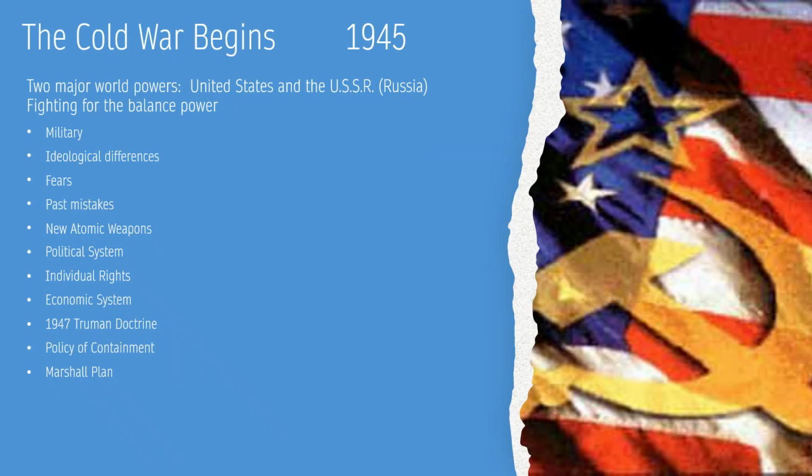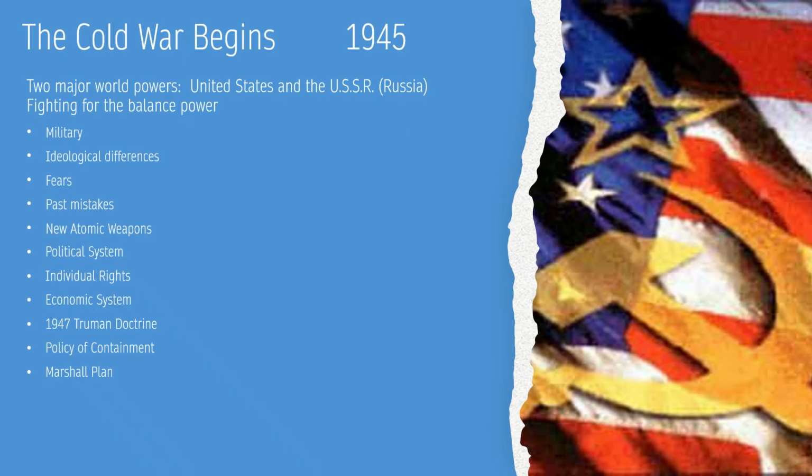So this is a slide that goes over the different things that both sides have. You have the United States and the USSR beginning the Cold War straight after World War II, 1945.